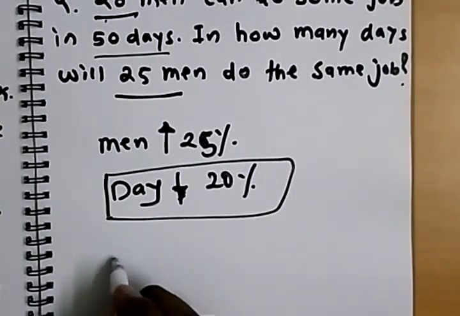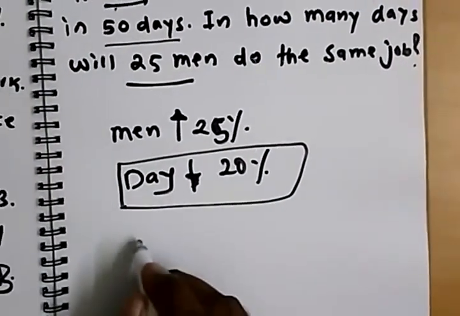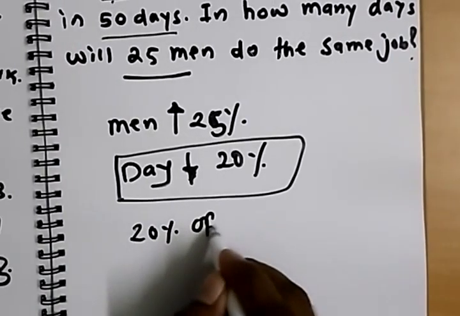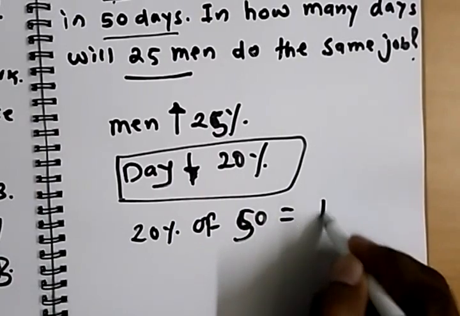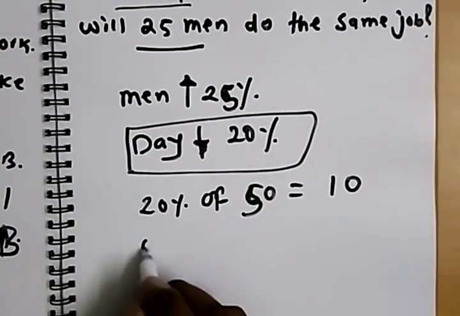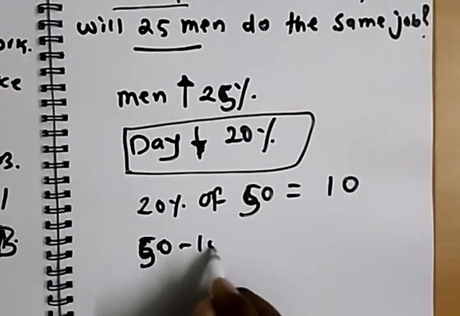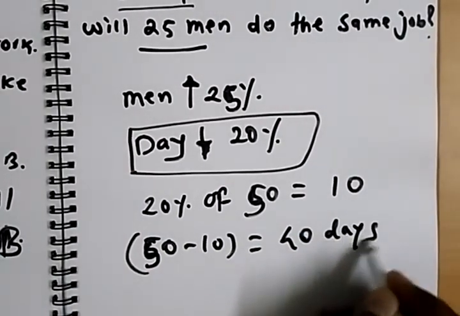Now days required will be 20% less than 50. So 20% of 50 is 10. Right? So we'll require 10 less days. That means 50 minus 10 equal to 40 days.